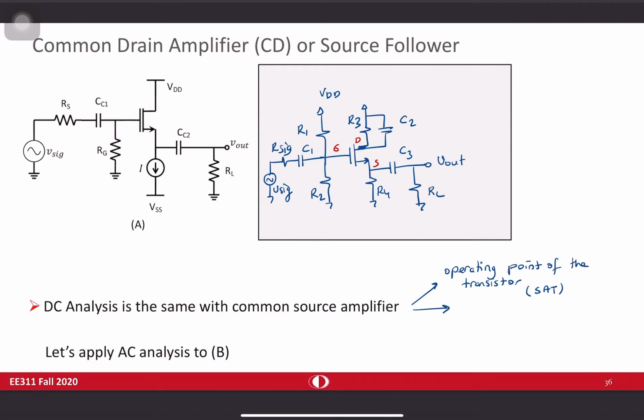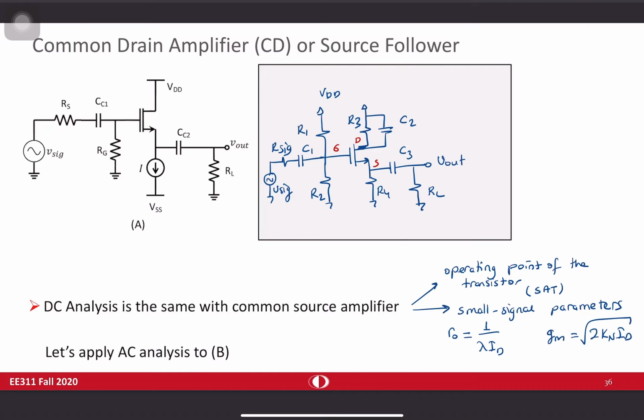The second thing is, after verification of the operation point, you need to find the small signal parameters, which are R0 and gm. And these are the formulas for R0 and gm, as you may remember from the previous lectures.